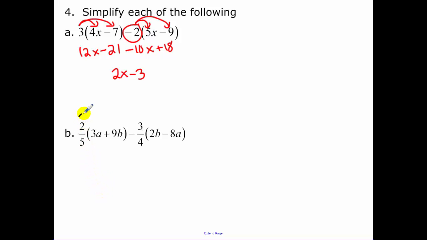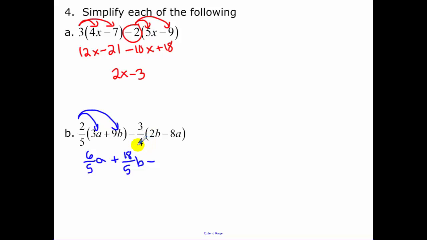Now the next one, distribute the 2/5 to the 3a. Nothing cancels, so we have 6/5 a. Nothing cancels, so we have 18/5 b. Now distributing the negative 3/4.